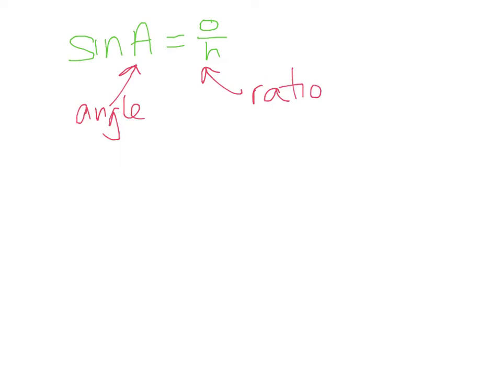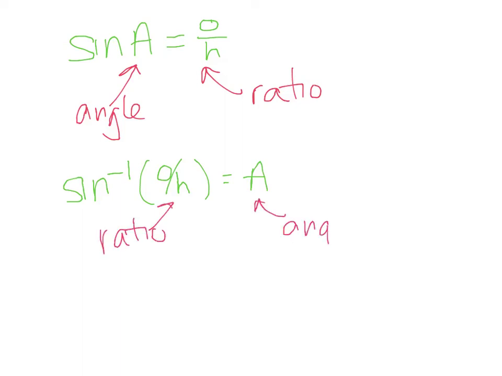If you write something along these lines, the ratio is going to be on this side and the angle is over here. Notice the difference. This is really important. It's really important that you think through which function you're using. This statement says, what angle has the ratio of sides opposite over hypotenuse?